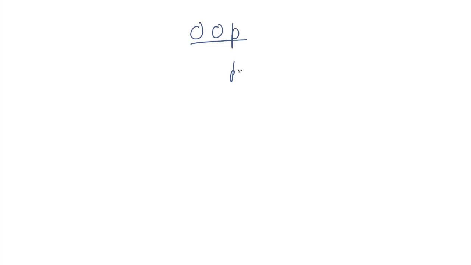One is called polymorphism. Under polymorphism, it is categorized into 2 things. One is called overloading. Polymorphism means basically one name, many forms. The method name is the same but in different forms. That is called polymorphism.